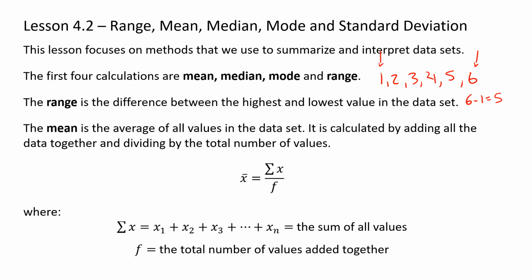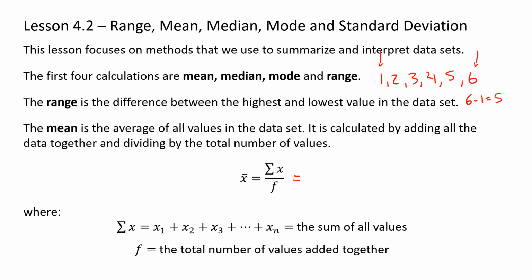The mean is the average of all the values in the data set. You do that by adding up all of the pieces of data and dividing it by the total number of values. So going back to this simple example, I have 6 numbers, 1, 2, 3, 4, 5, and 6.